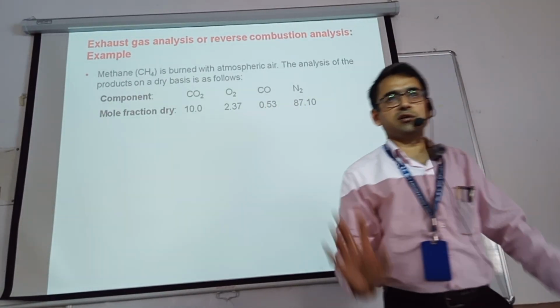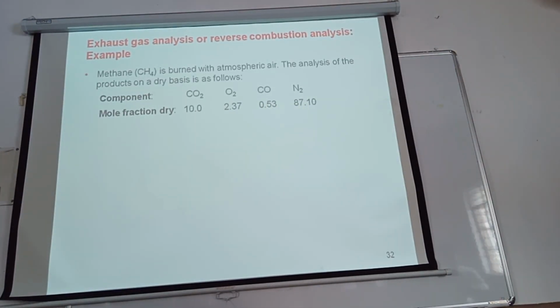It will make it 100, right? So H2O is excluded. Therefore, this 100 actually comprises volume, right? That is called dry basis analysis. Next, what do we do? Calculate the air-fuel ratio and the percent theoretical air and determine the combustion equation.